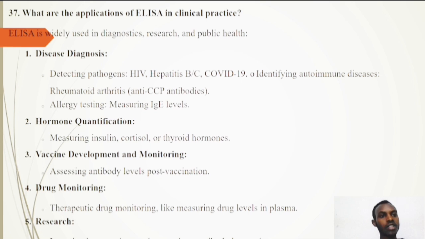First, disease diagnosis: we use ELISA to detect pathogens causing diseases such as HIV, hepatitis B surface virus, and COVID-19, and to identify autoimmune diseases like rheumatoid arthritis that attacks the joints.